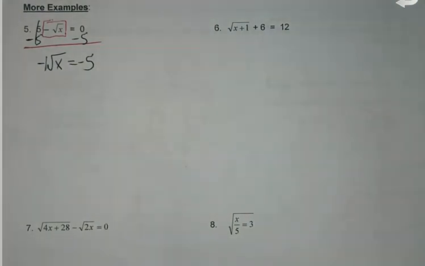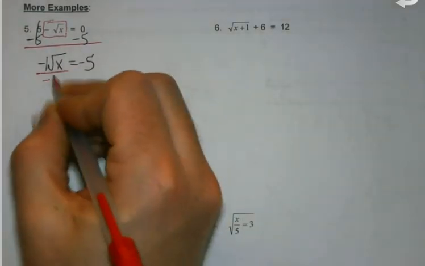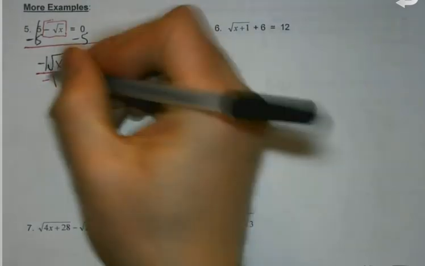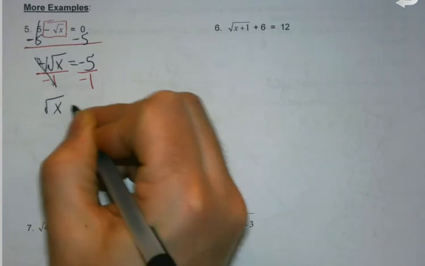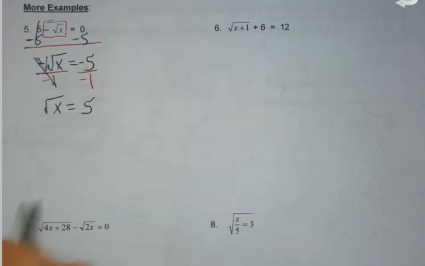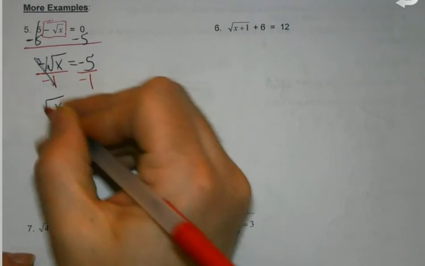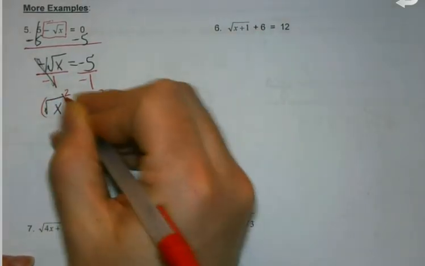My x still isn't by itself. My radical's still not alone. I'm still multiplying it by -1. So before I can do the squared, I've got to get that -1 out of there by dividing. Once that radical is by itself, that square root is alone, finally at that point, that's when I can do the squared.